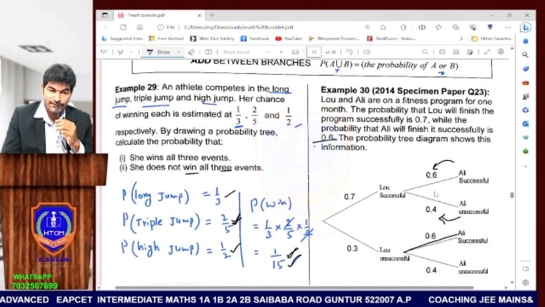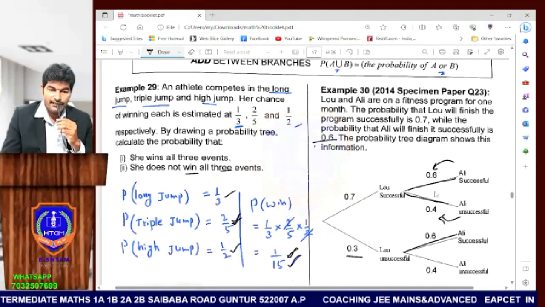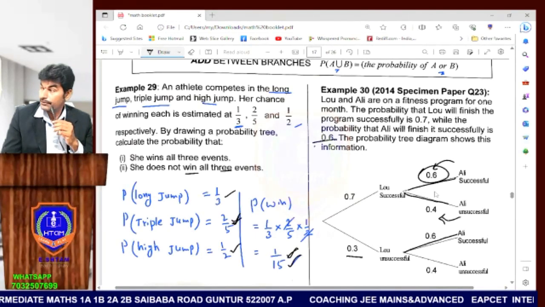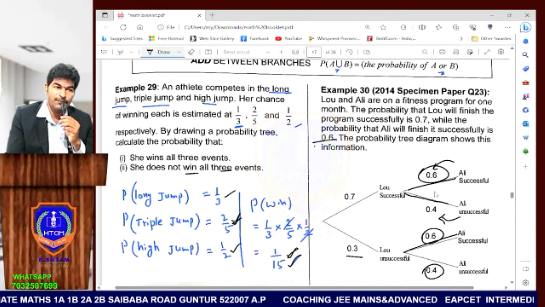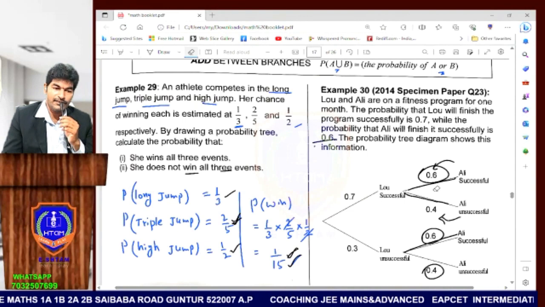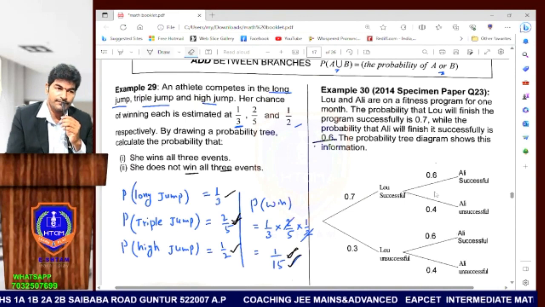Lou successful case was continued, and Ali success is 0.6 and Ali unsuccess is 0.4. This is a tree diagram we have to make for each question in this way. If Lou was unsuccessful, then again the same values. The process continues. The process is the same. The values are the same. Understood or not?